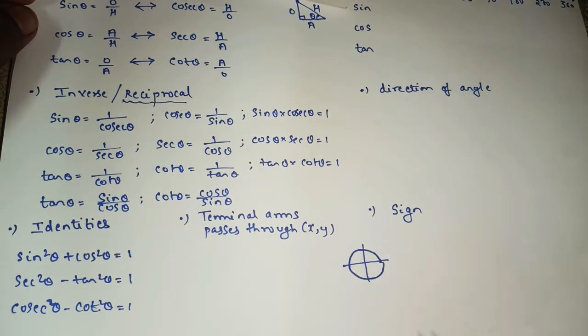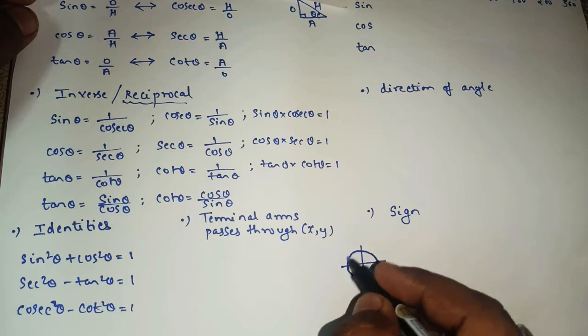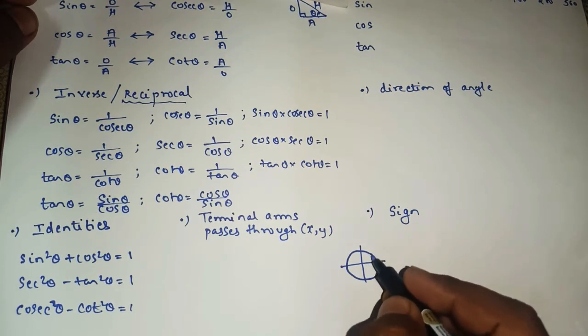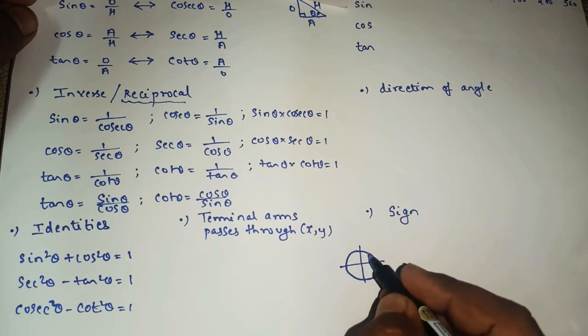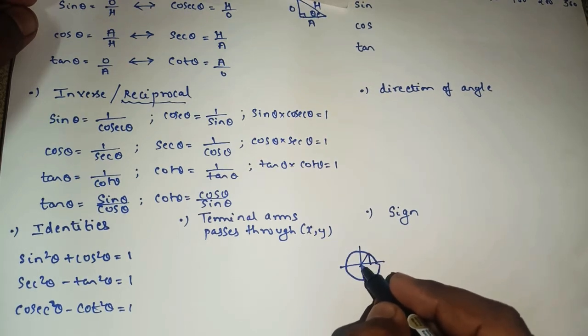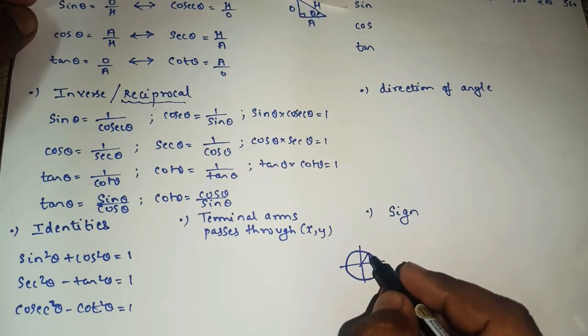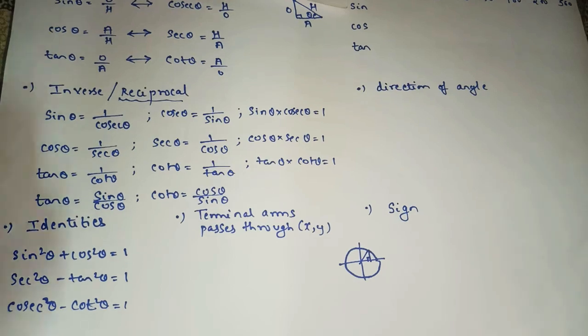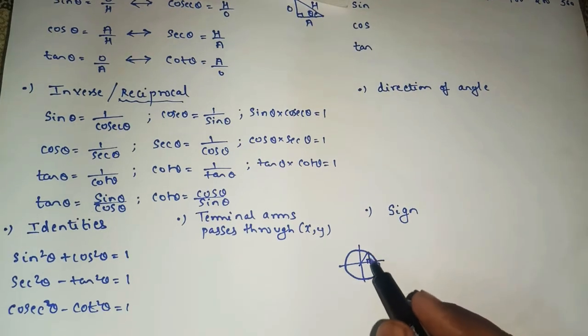Consider this as a unit circle. Unit circle means the radius of the circle will be 1. So here we'll consider this as the radius. We'll draw this line, and here we'll take a perpendicular, as this line is perpendicular on the x-axis.